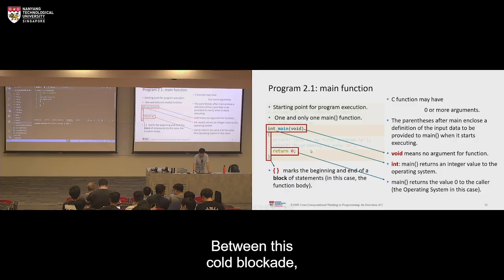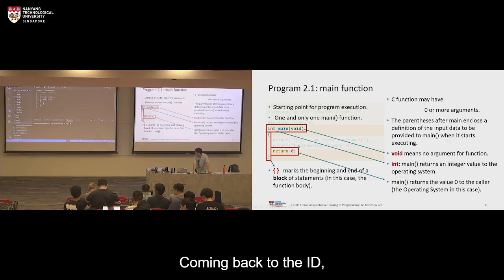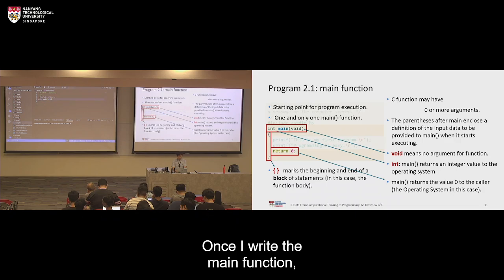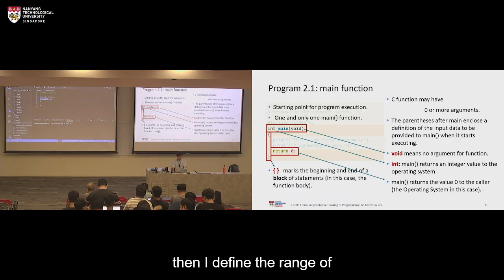Between this curved bracket, you will write the main body. So coming back to the IDE, the black screen on your left-hand side, once I write the main function, I define the range of it with a curved bracket.